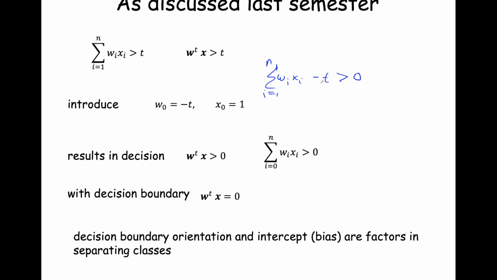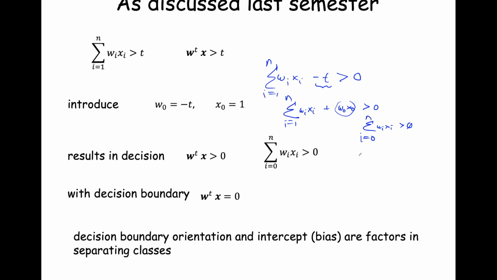So now if we cast minus T as W naught, that gives us our sum, i goes from 1 to n, Wi Xi, plus W naught X naught is greater than 0. We can pull this term into the summation, giving us our new version of the index i goes from 0 to n of Wi Xi greater than 0.